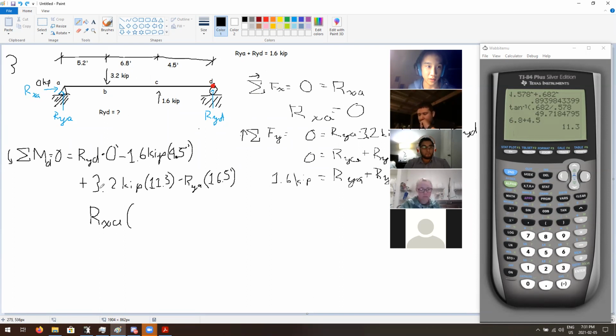All right, anyway, RXA, that's going to be 0 feet. You can just plus that. Beautiful. So now this one doesn't matter, and this one doesn't matter, because they're multiplied by 0 feet. 1.6 kips times 4.5, that would be minus 7.2 kip feet.